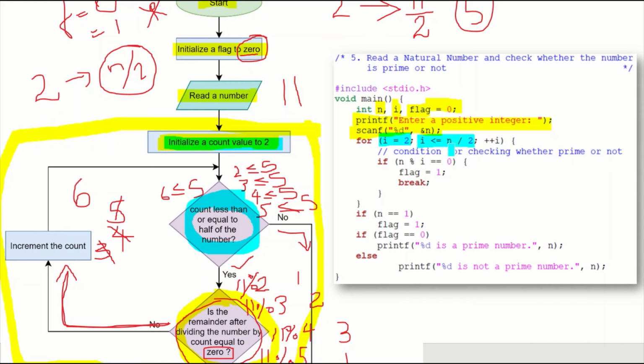Okay, so if that condition is satisfied, it goes to the condition for checking whether it is prime or not. For that, we are performing n percentage i, the number modulus the count. The remainder after division is found, and we are comparing it with 0.